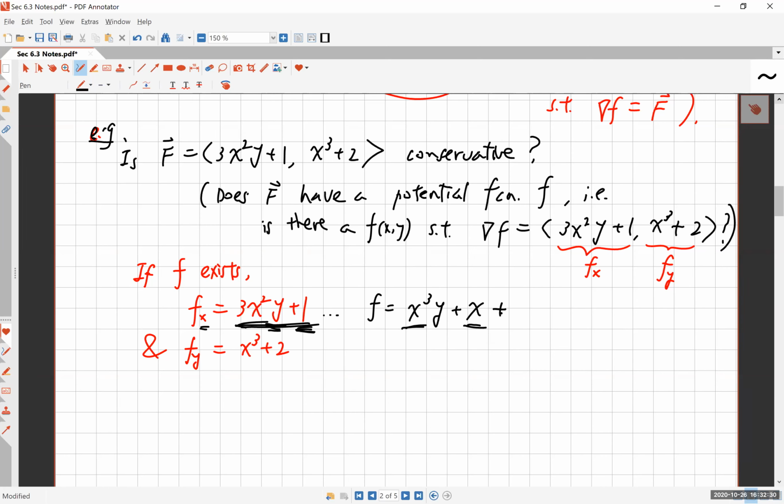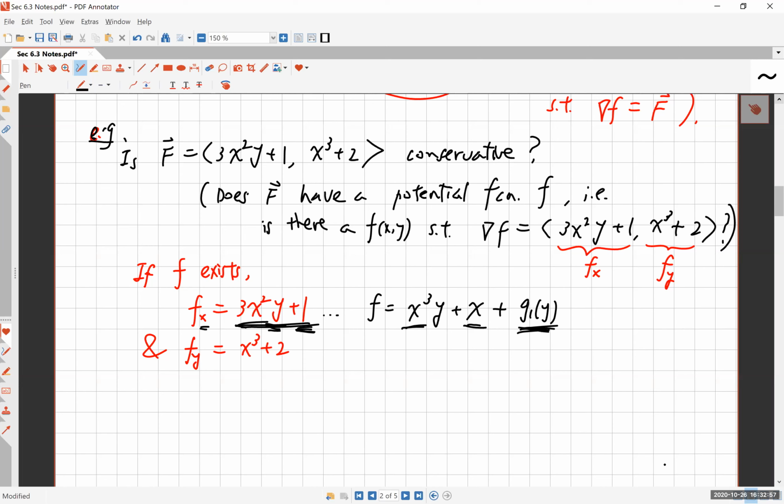Now, there could actually be a whole bunch of other things. You could have sine of y, and log of y, and you could have y cubed, and you can have all sorts of y's. So you could also have, let's say, g1 of y, where this is a function of y only, no x, because as long as you have y and constants, this part disappears.